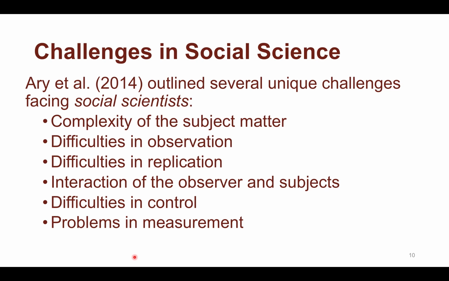Problems in measurement ties in with difficulties in observation. We often try to measure things using a questionnaire to measure something indirectly, which is a lot more problematic than just measuring a physical quantity, like a height or a weight or a temperature or something like that.